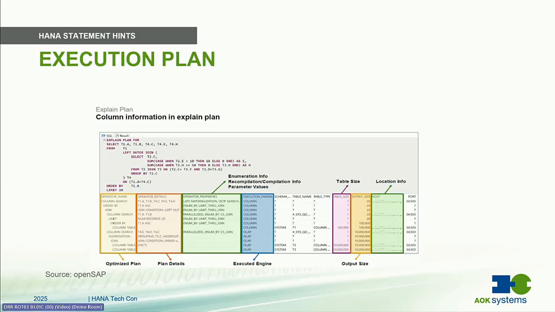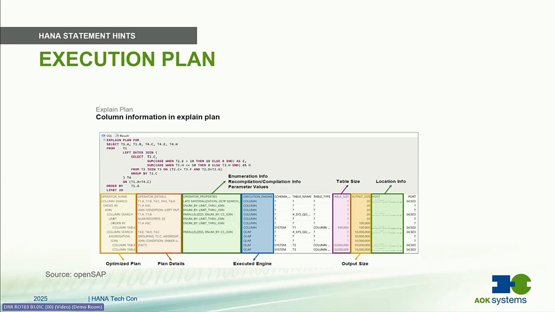Before you decide on a statement hint, you have to understand the HANA execution plan. Mostly it is focused on execution engines, but we have also other operator properties which are important to decide which hint can be implemented or created.